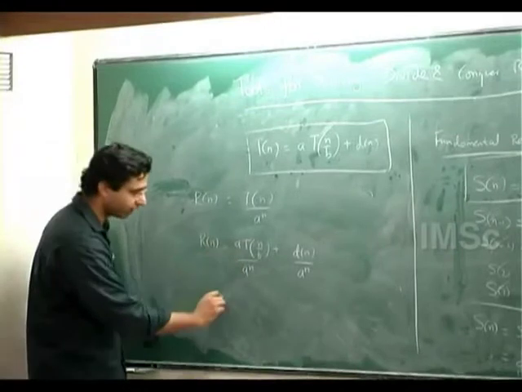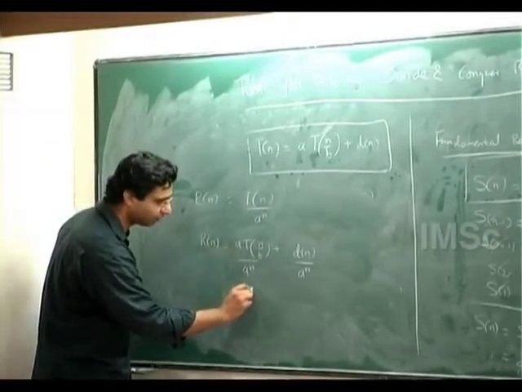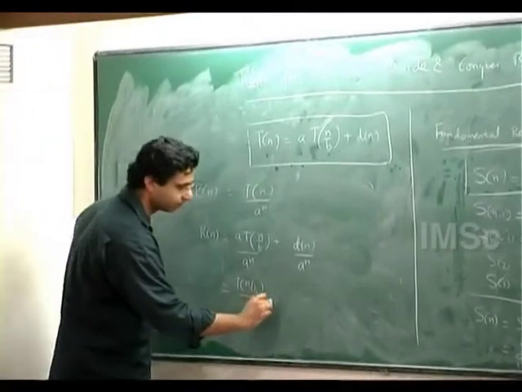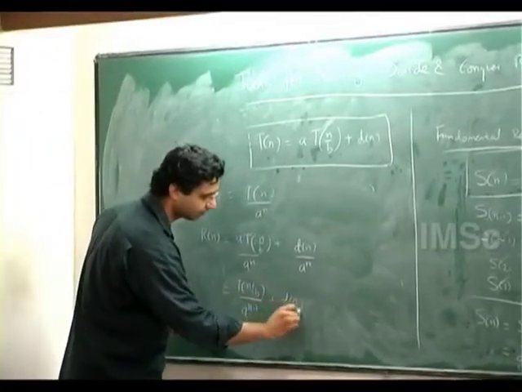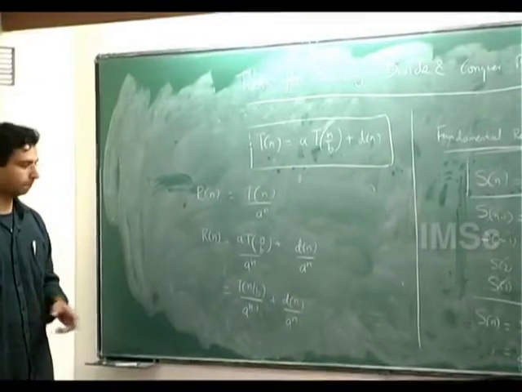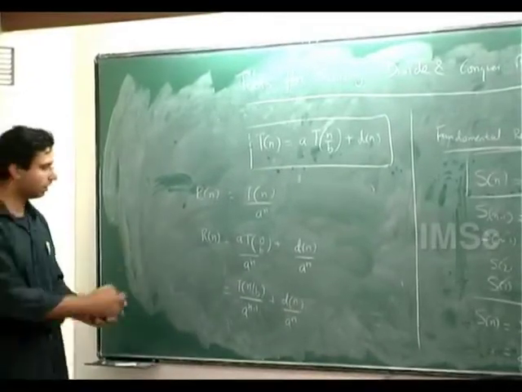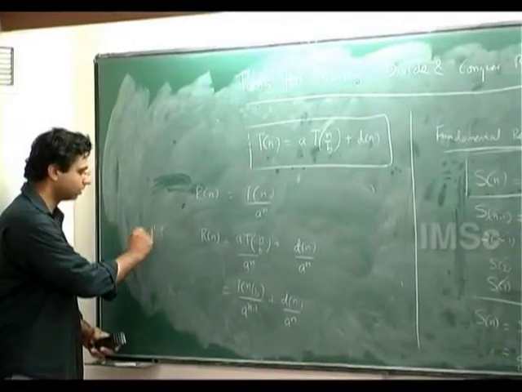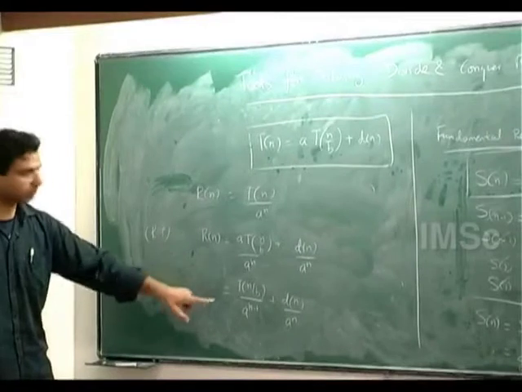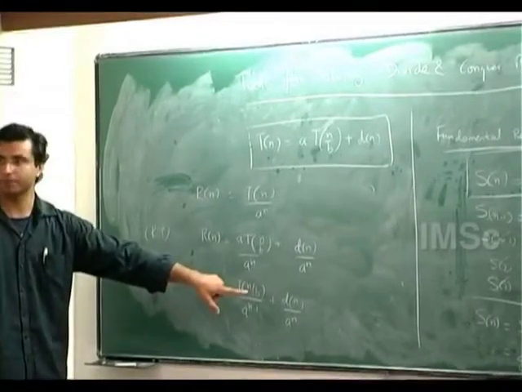And this a cancels out, I lose one a, so I get T of n by b over a raised to n minus 1 plus d of n divided by a raised to n. So I have applied the range transformation here, and now I have to apply the domain transformation to get rid of this n by b.